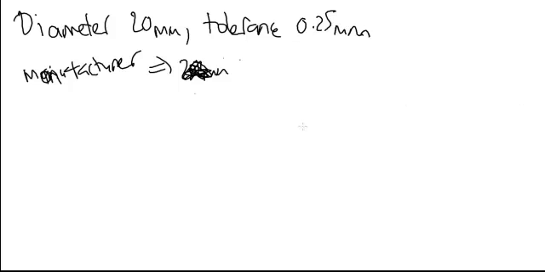Since there's some variation, some are going to be slightly bigger, some slightly smaller, and many things are normally distributed. We're told that the mean is 20 millimeters, which is handy because that's what we're looking for, and the standard deviation is equal to 0.1 millimeters.